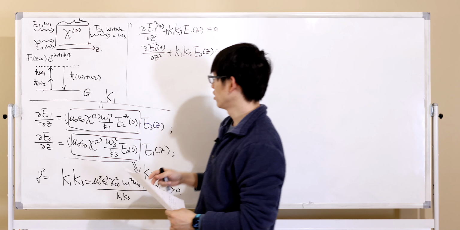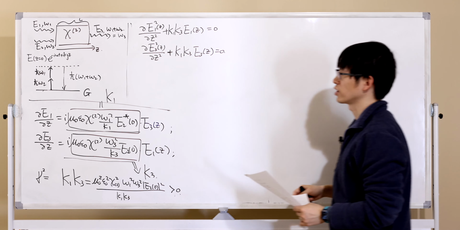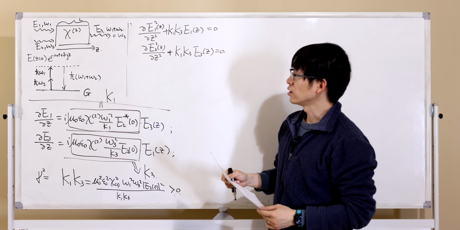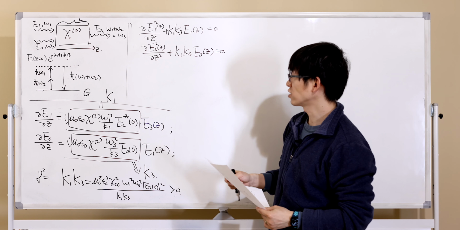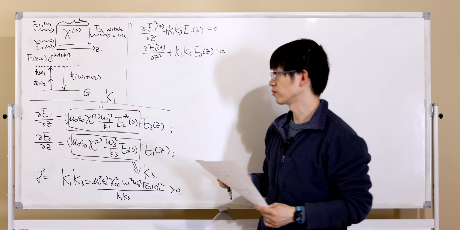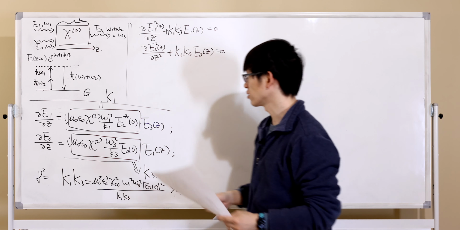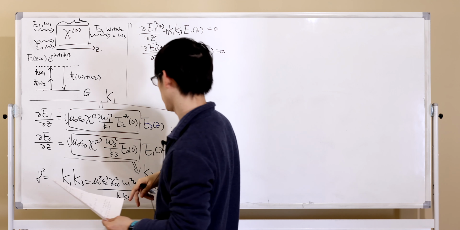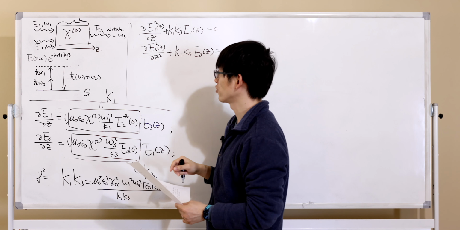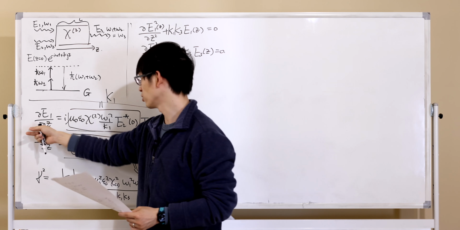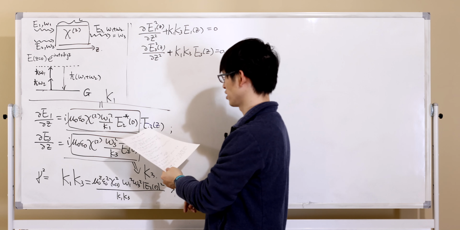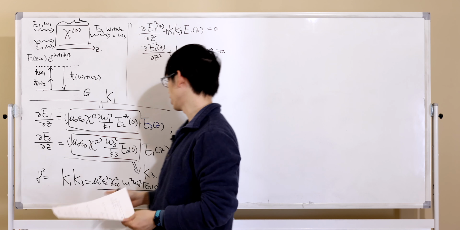And from a mathematical point of view, why we talk about sum frequency generation is that previously in harmonic generation, what we eventually had is a single equation with a first order derivative. In sum frequency, by making the assumption that E2 is much larger than E1 and E3, we arrive at a coupled equation where the derivative of E1 depends on E3, and the derivative of E3 depends on E1.